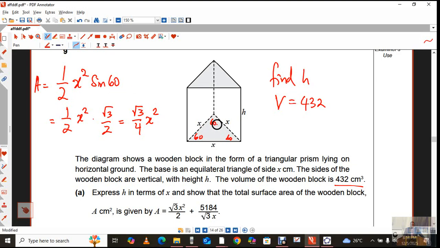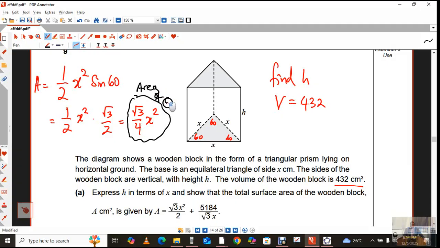It's the area of the cross section, which is this formula over here, times the height.